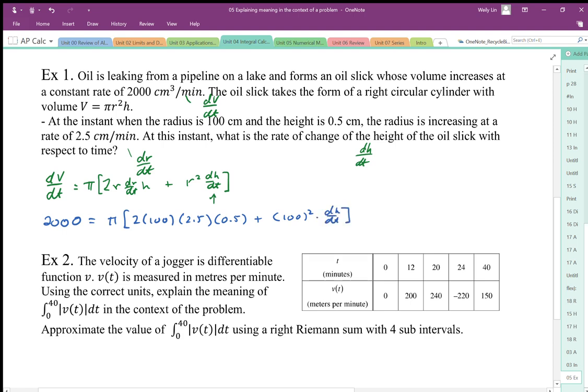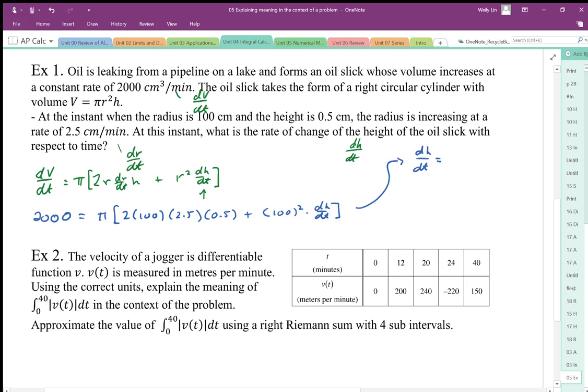So doing the algebra here, we end up with dH by dt. What's that going to be here?